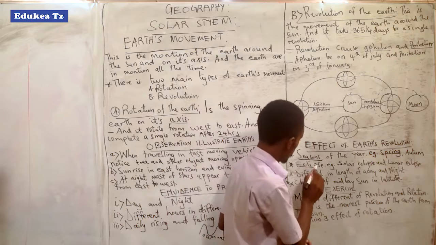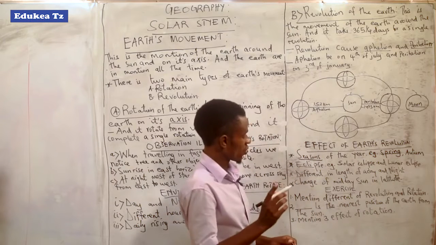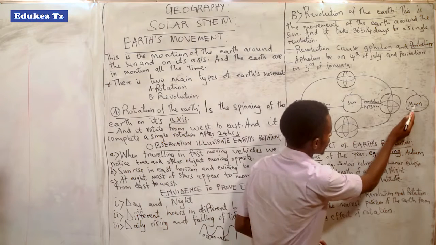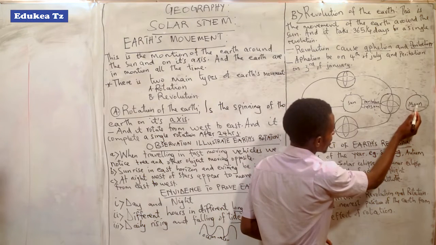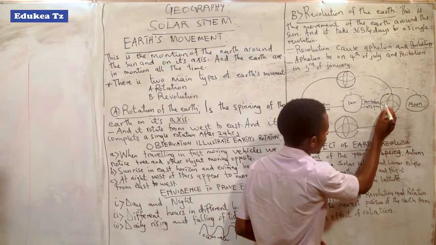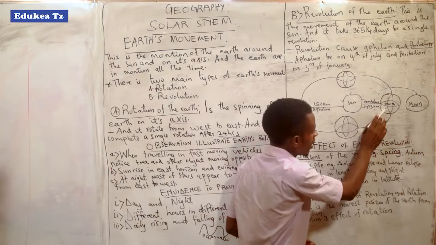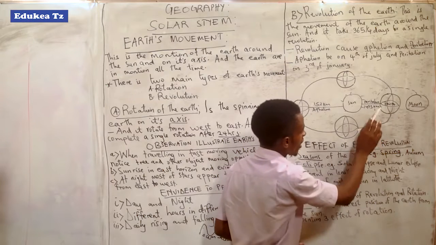There are two kinds of eclipse: lunar eclipse and solar eclipse. When the moon is at this point, and this is the Earth, and this is the sun, the Earth is between the moon and the sun.